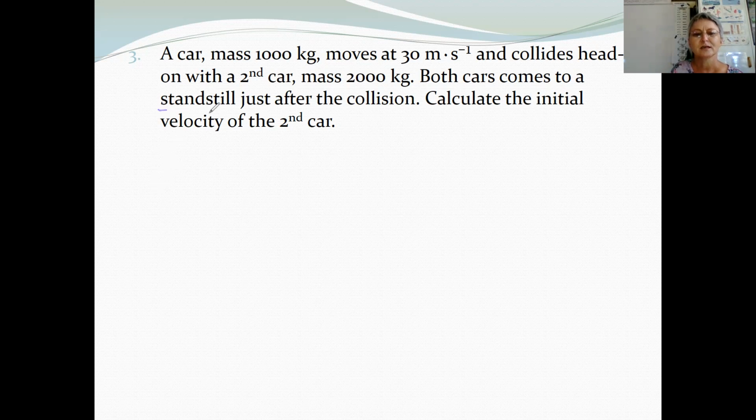Them coming to a standstill after the collision means that the total final momentum will be 0 kilograms meters per second. We're working with the principle of conservation of momentum, so the total initial momentum will be equal to the total final momentum.